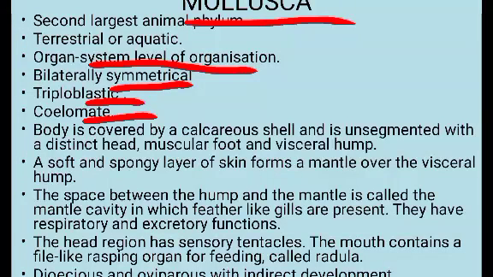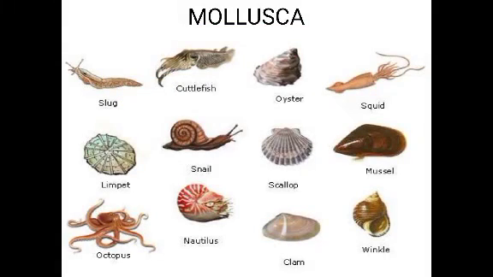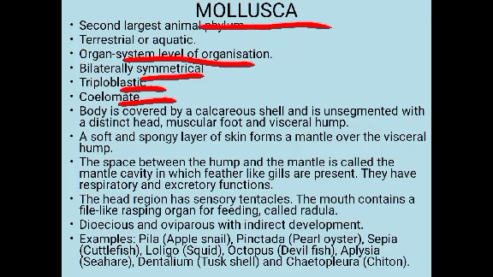Then the head region has sensory tentacles. If you see the head region of these mollusks, they have tentacles. Okay, see here you can see the tentacles. And the mouth contains a file like rasping organ for feeding, and that organ is called radula.